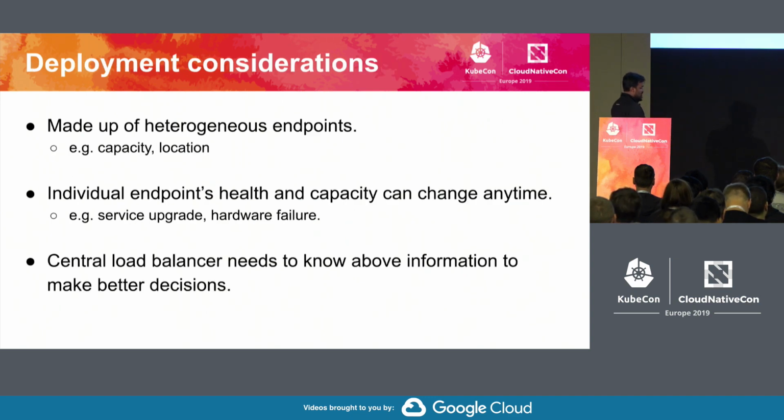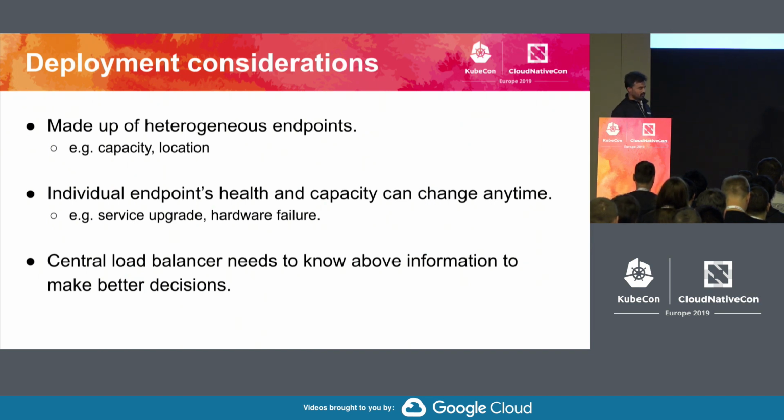Now we've talked about how a centralized load balancer can allow you to provide isolation such that your servers are protected. But that's not enough. There are more deployment considerations for a large service. One of them is that your endpoints themselves are heterogeneous, and they can be heterogeneous in various aspects like their capacity. We'll talk about what capacity means a little bit later.